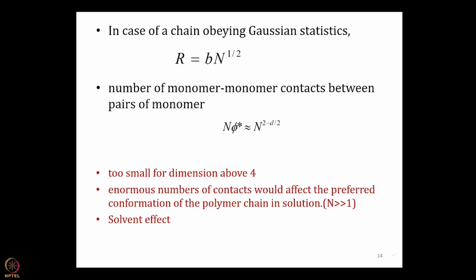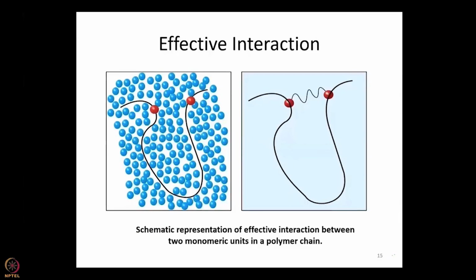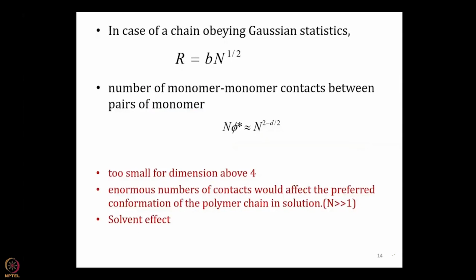In that case, the number of monomer contacts can very easily be found to be N phi squared, because there are N monomers, so the total number of contacts, one monomer in contact with the other, goes as N to the power 1 minus D by 2 for the earlier one, and however, N to the power 2 minus D by 2. So we'll continue with the logic in a minute.